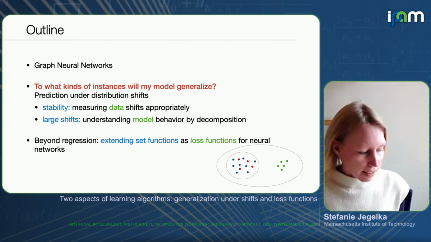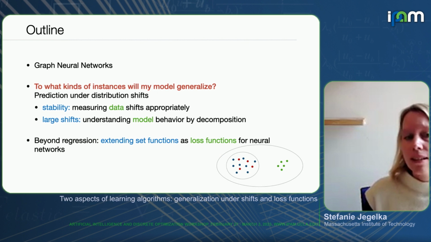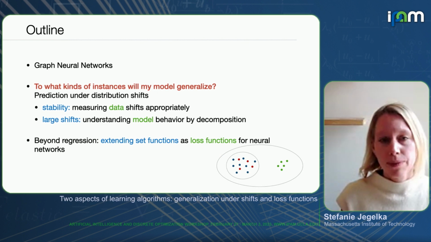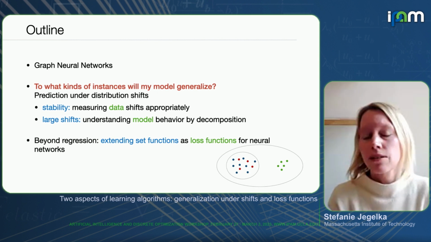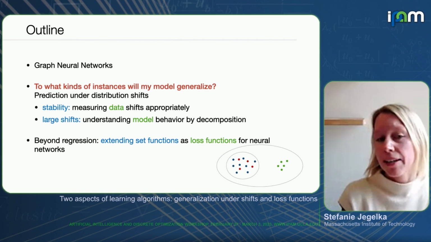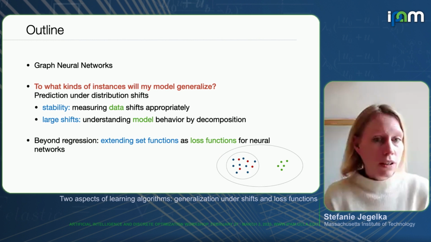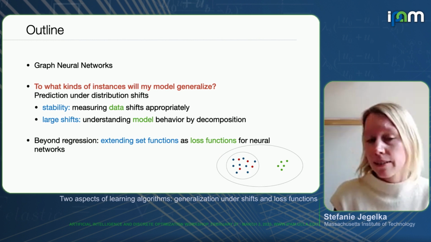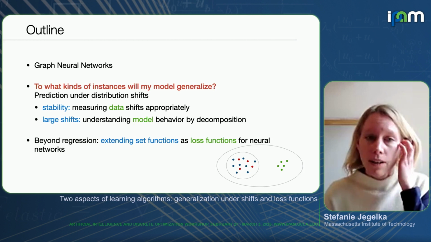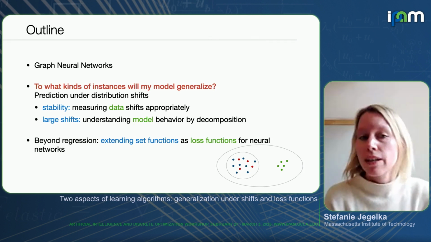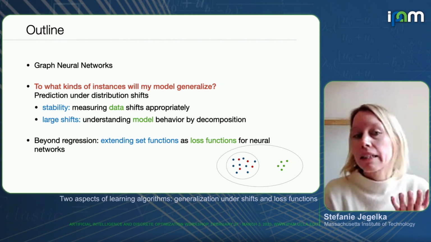Now let's take this view of our model and think a little bit about generalization under distribution shifts. I said it's not so easy to even define what would be the right parameterization of a distribution over optimization instances. That's another important issue. So here I'll just assume that I'm looking at the structure and the features of the input graphs and they look different.